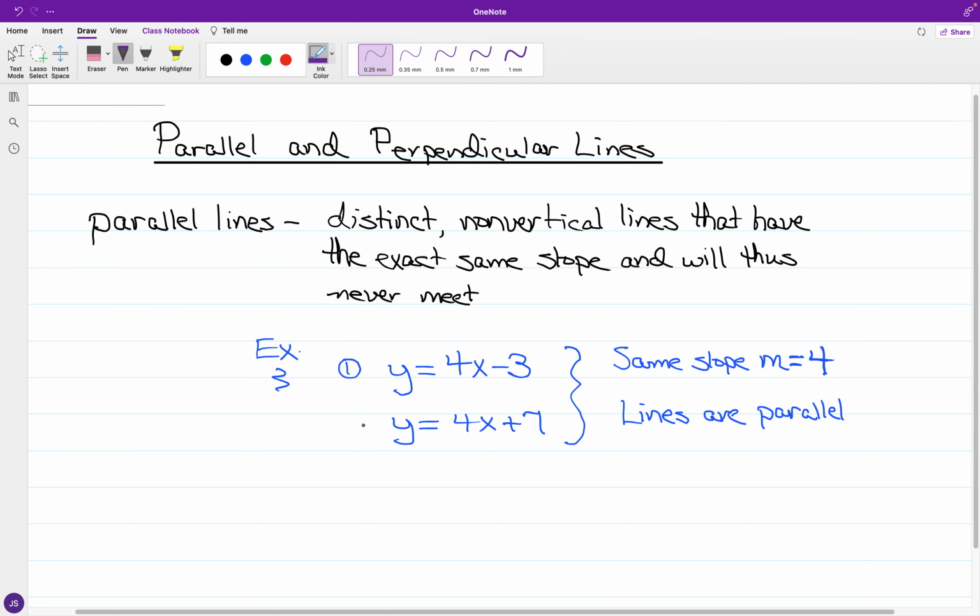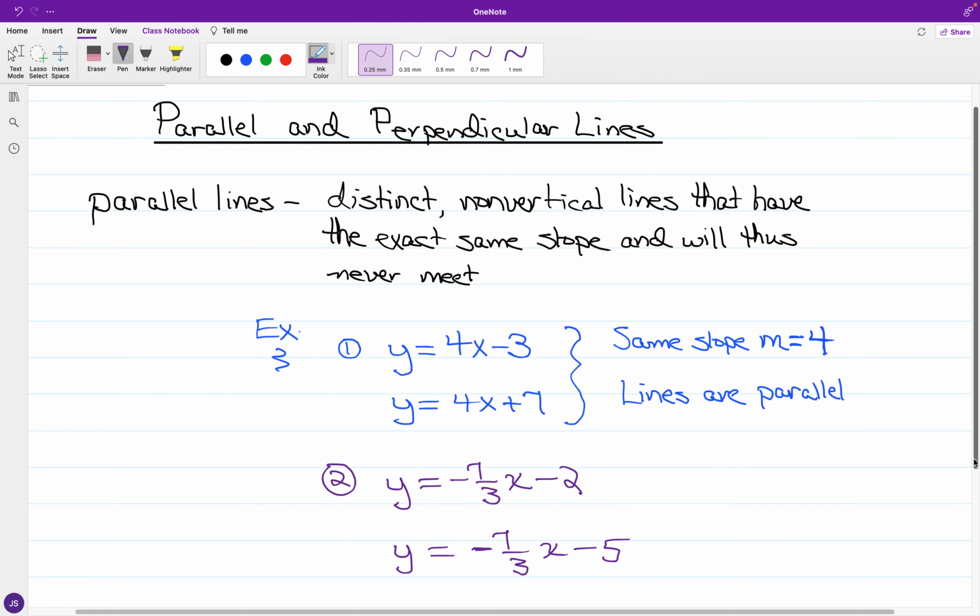Now, another case. All right, let's say that y is equal to negative 7/3 of x minus 2, and that y is equal to negative 7/3 of x minus 5.